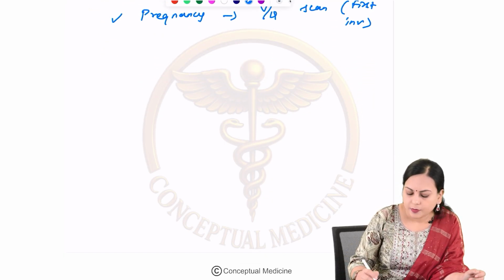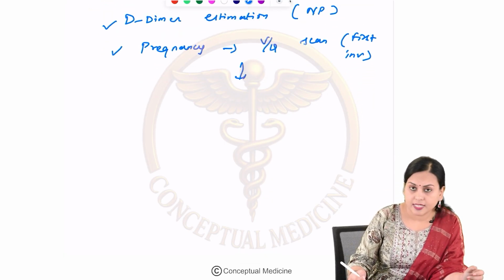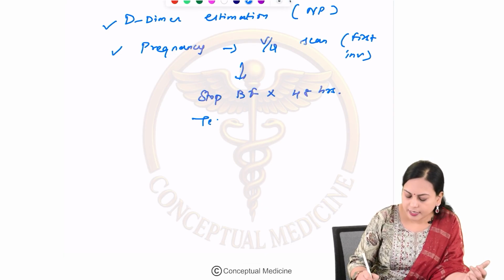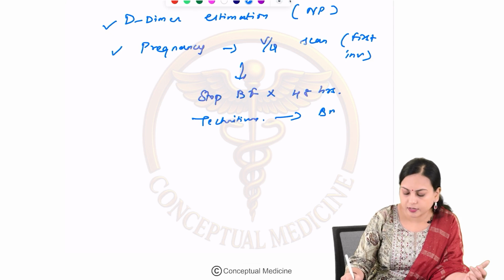Clear? Suppose the patient has undergone any of these scans, then they should be advised to stop breastfeeding for at least 48 hours, since technetium is going to get excreted through the breast milk.